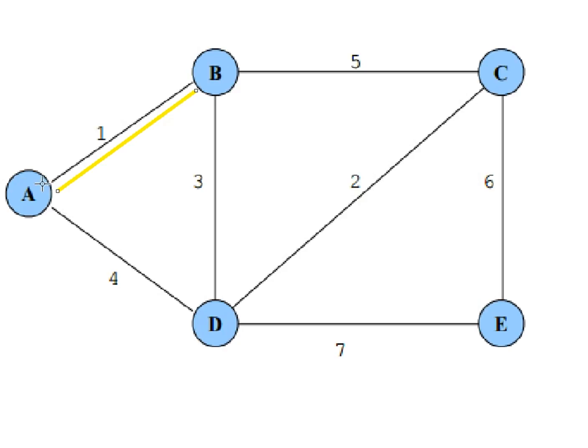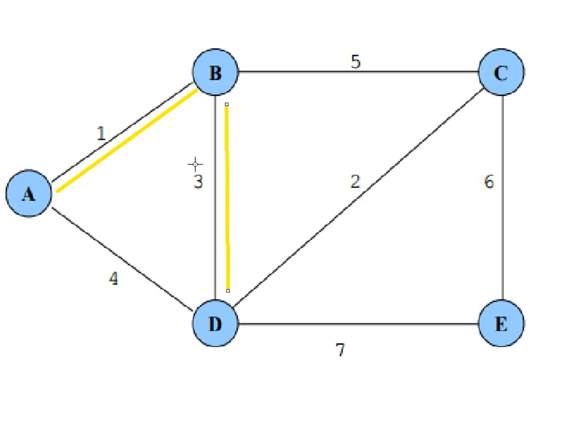So we can technically say that we're at B, but we have to look at A and B. So from A to D the distance is 4, from B to D the distance is 3, and from B to C the distance is 5. So we can't obviously go from B to E. We can only take one step at a time, one node at a time. So the shortest distance would be here from B to D. So this would be our next path.